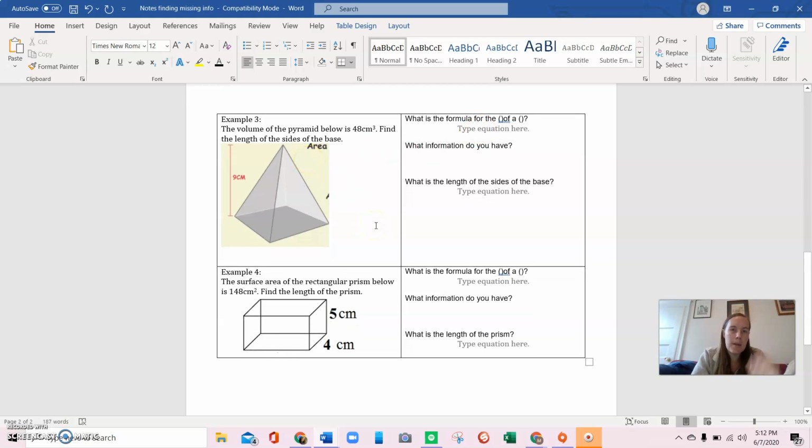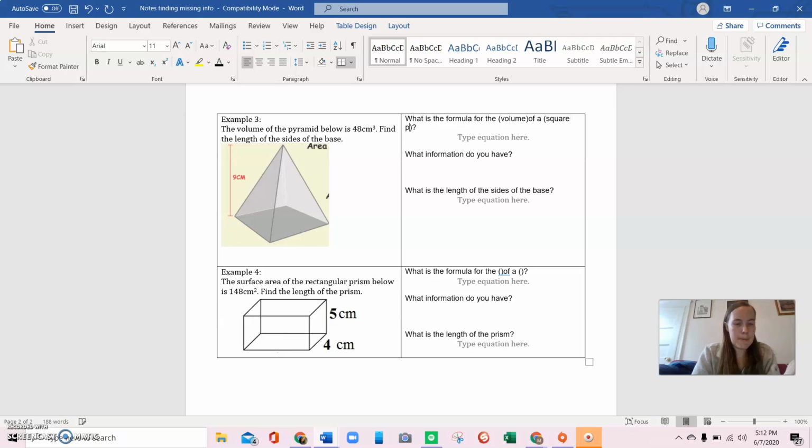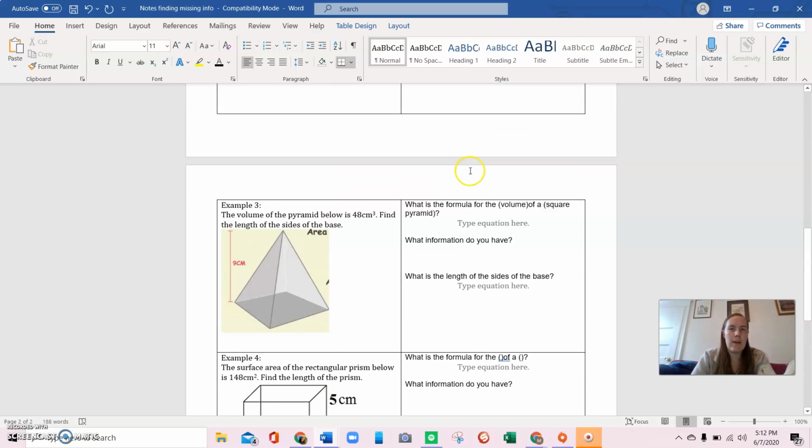The volume of the pyramid below is 48 centimeters cubed. Find the length of the sides of the base. So we're looking for the formula of the volume of a square pyramid. Sorry, pyramid's a hard thing to spell for me.